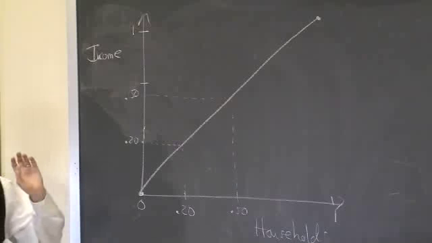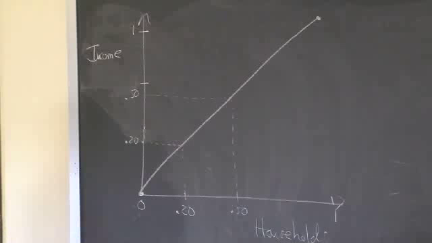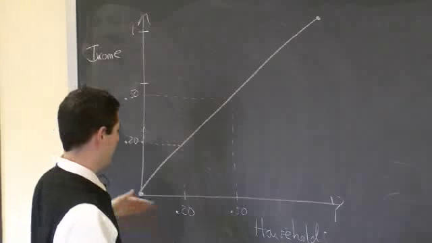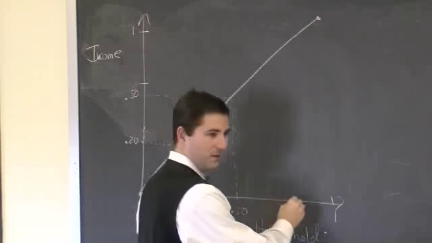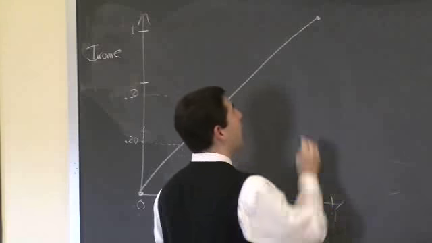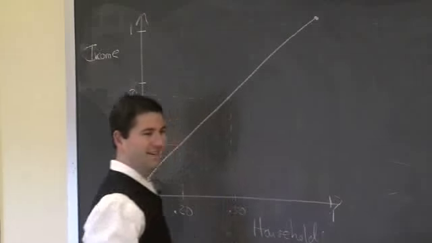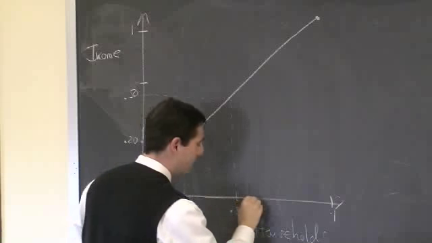Now, what would be perfect inequality? As bad as you can imagine. What if you just had 0, 0, 0, 0, 0, and then when you finally got to Bill Gates, he had all the money? This is the most unequal as you can imagine.